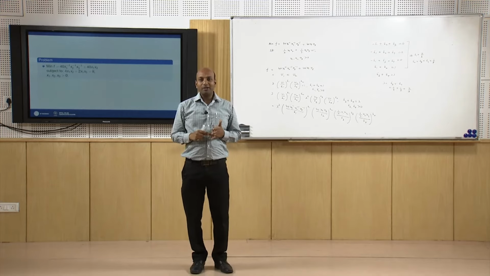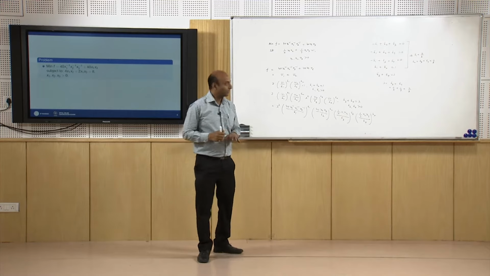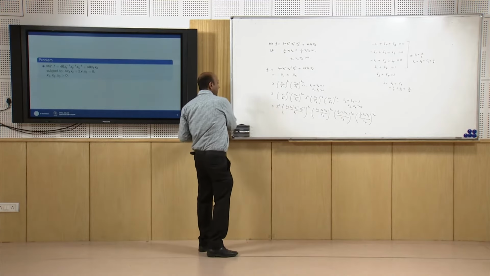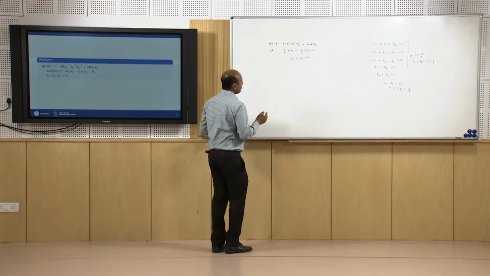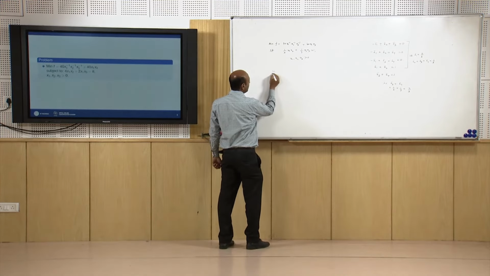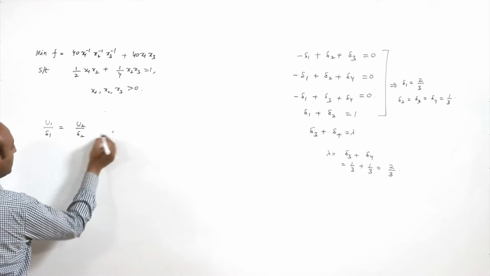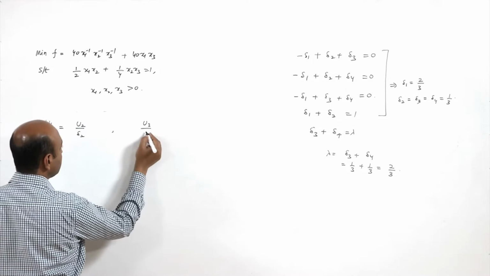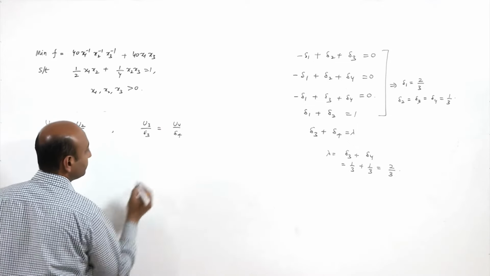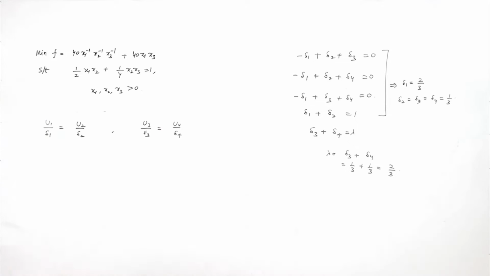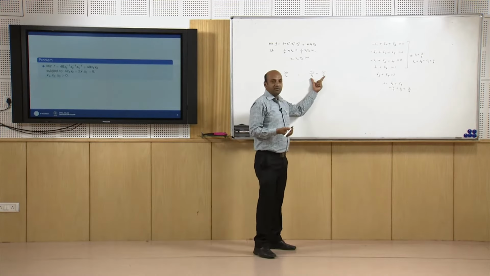Now, how can you find out the value of the unknowns, that is x1, x2 and x3? For that we will again apply the equality condition. The equality holds if u1 upon delta 1 equals u2 upon delta 2 for the first one, and u3 upon delta 3 is equal to u4 upon delta 4 for the constraint. For the constraint also the equality will hold when this condition holds, we can easily verify.